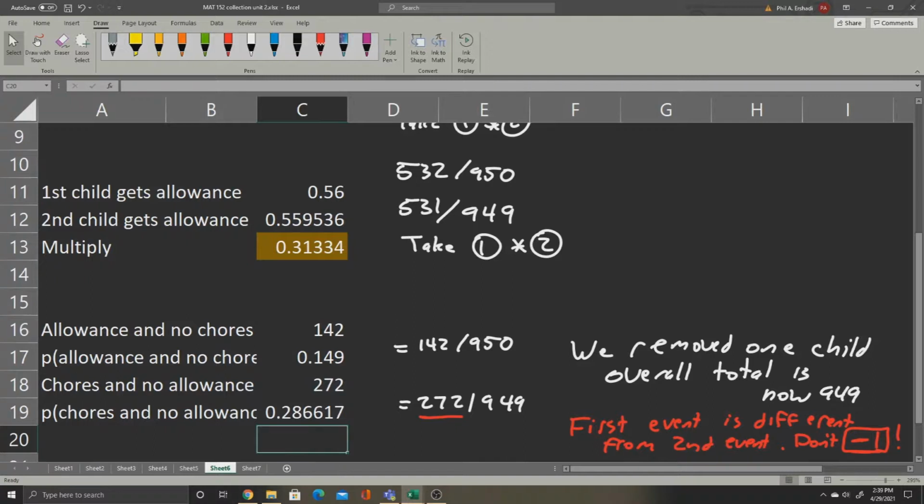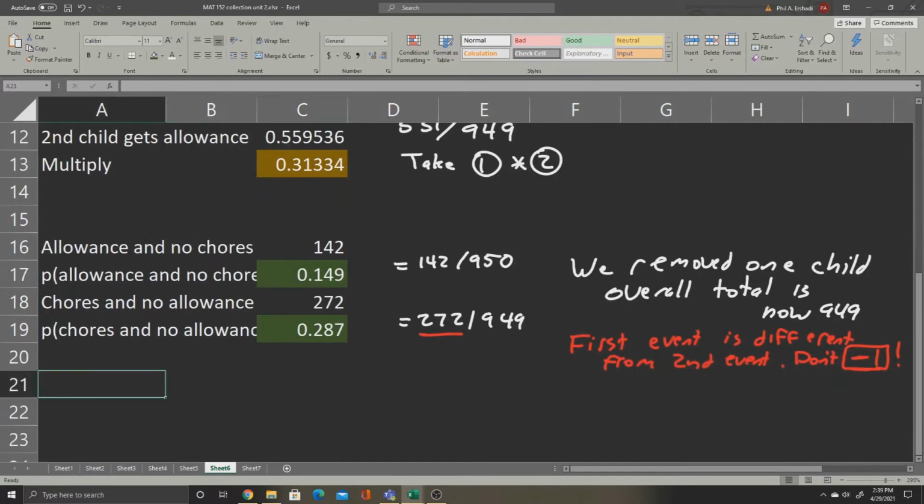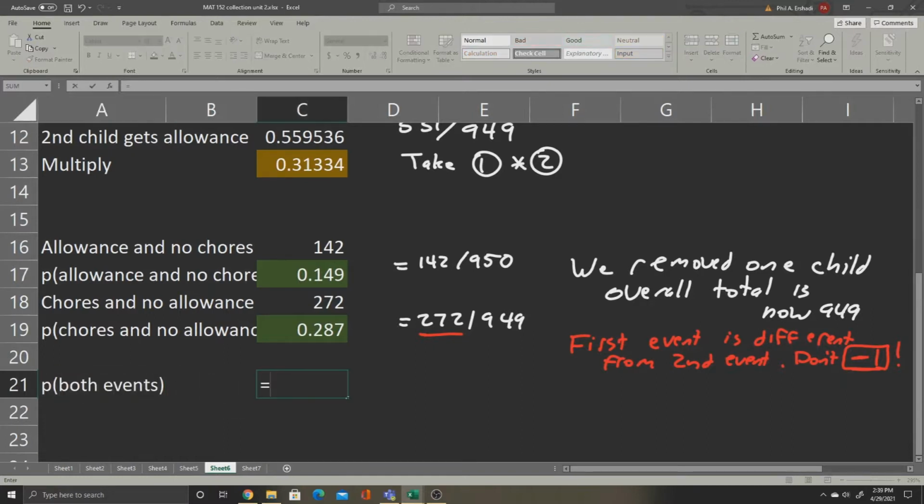So now we have the probability of the first event is 0.149, and the probability of the second event is 0.286617. Again, we'll reduce the decimals. And so these two numbers that I'm going to paint green are the numbers we're going to multiply together. We're not going to multiply the number of children, the 142 or the 272. That won't help us get the answer. So now we can say the probability of both events is going to equal the first probability multiplied by the second probability.